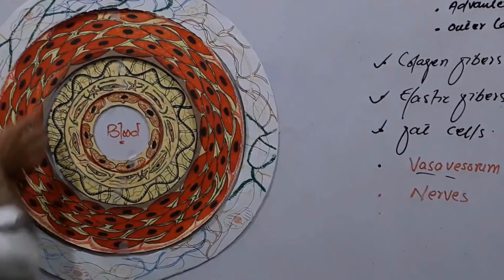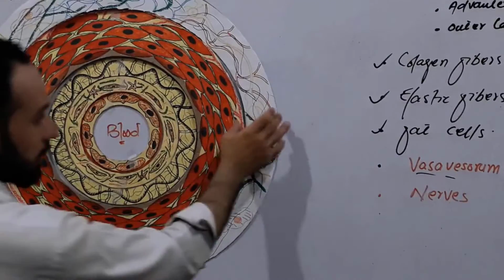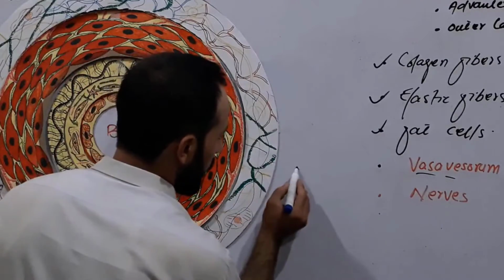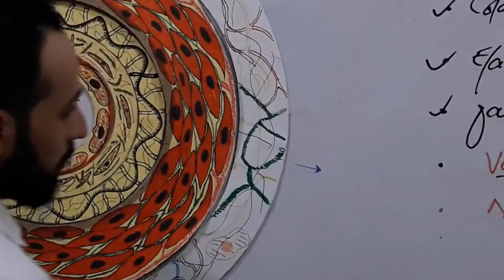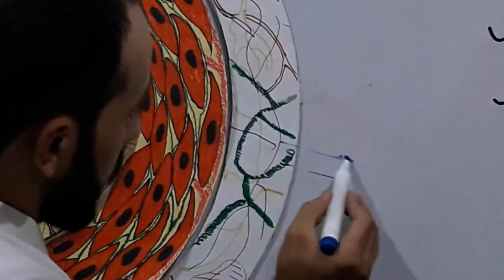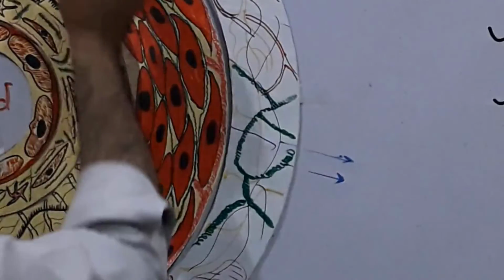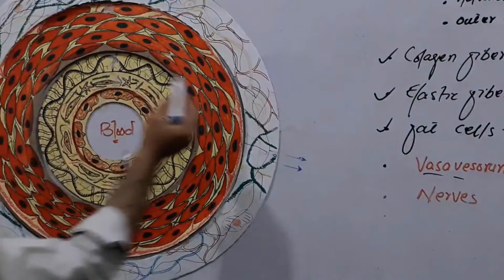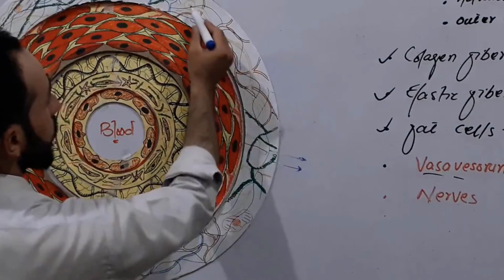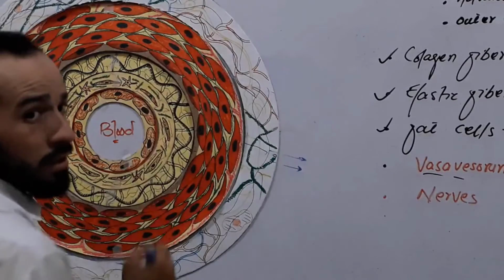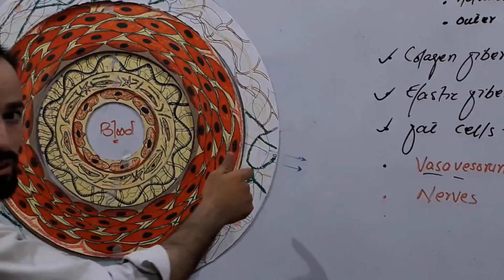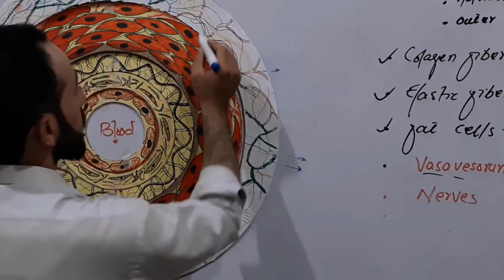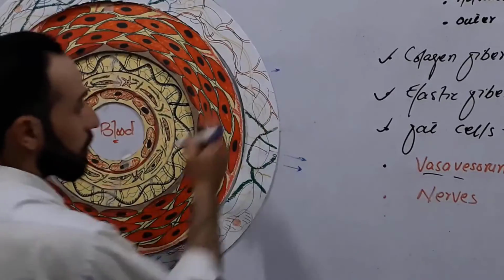Then there is tunica media, it is a muscular layer, and then there is tunica externa, and as you can see, these are the collagen fibers, I have written here. Then these purple lines are the elastic fibers, and you can see here these are some fat cells, right? Fat cells are also there, and these yellow cells, as you can see, are our nerves, neurons present here, right? And look here, these red vessels, small vessels, these are called the vasa vasorum or vessels of the vessels.